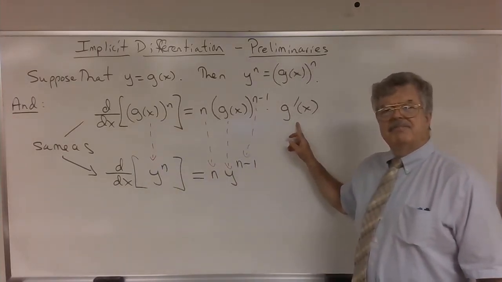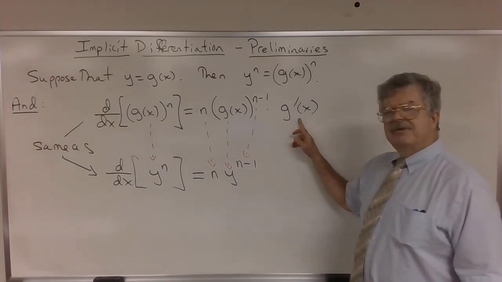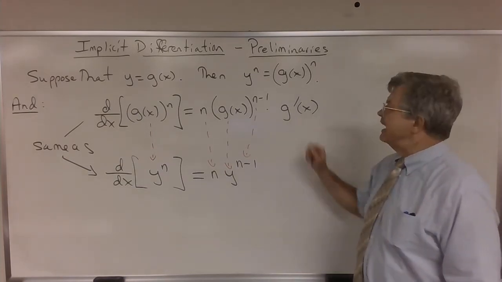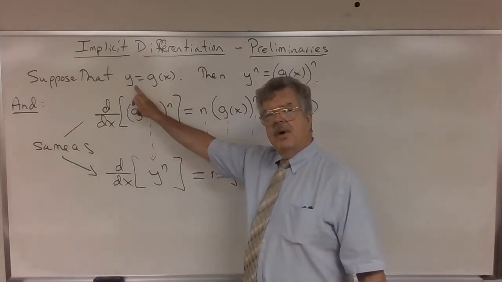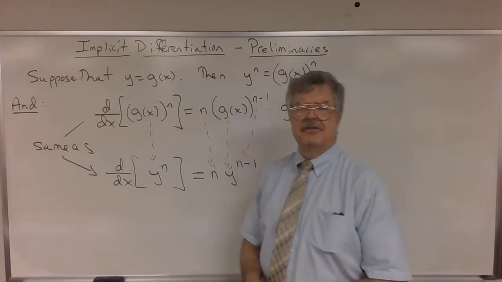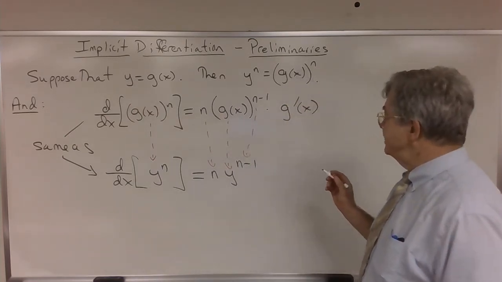Well, what do we do with this thing? This is the derivative of g as a function of x. And what's the derivative of y as a function of x? Isn't that y prime or dy dx?